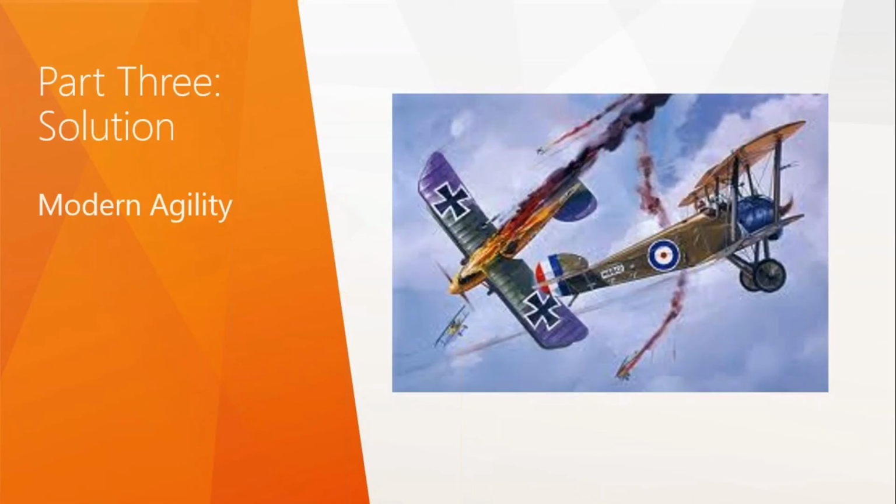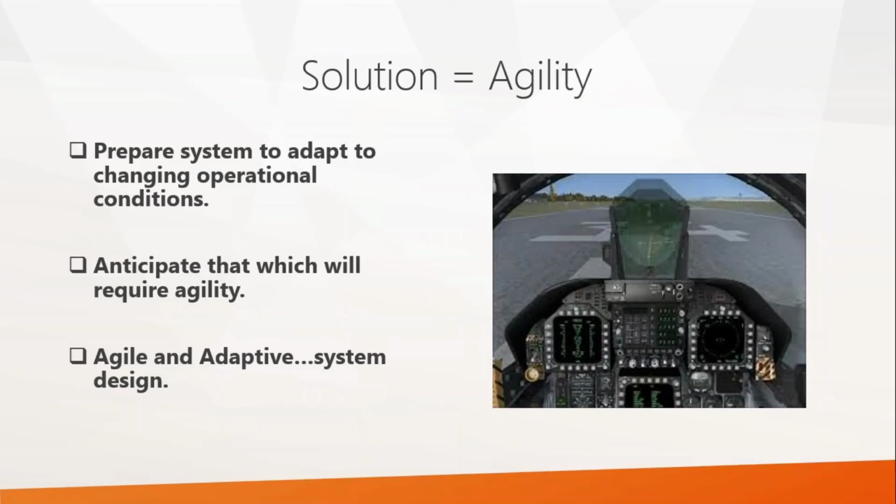So part 3 is a solution which we want to stress is modern agility. You'll notice that I have put up here a World War I air combat scene, and I did that a little bit tongue-in-cheek because these were not considered at this time to be modern systems, but back then they were. All right, the solution is agility.